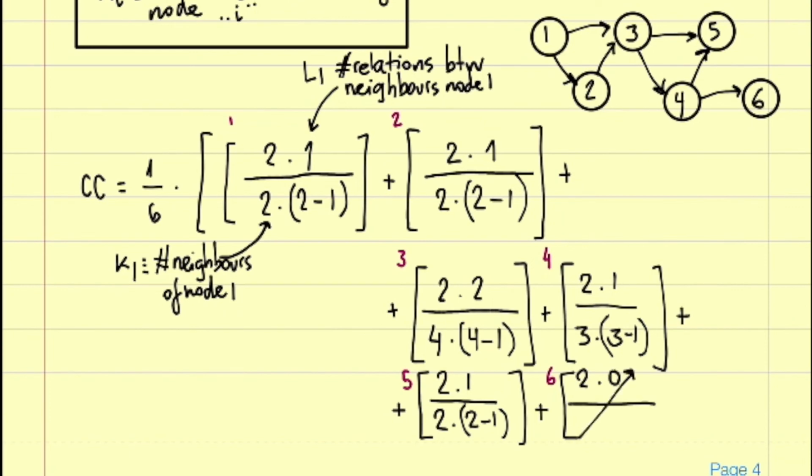I don't need to do it because it's just 0. It only has one neighbor. This can also be done easily with your calculator. Is it understood? Any questions?